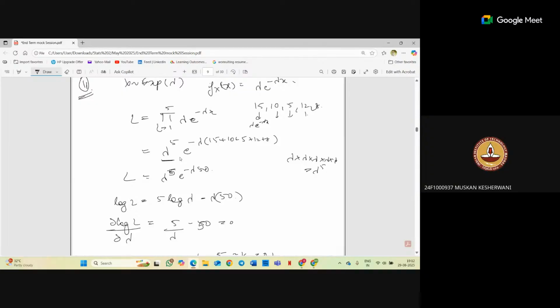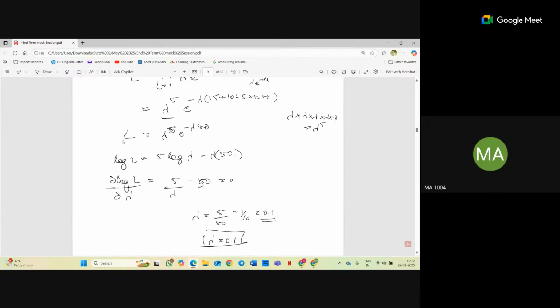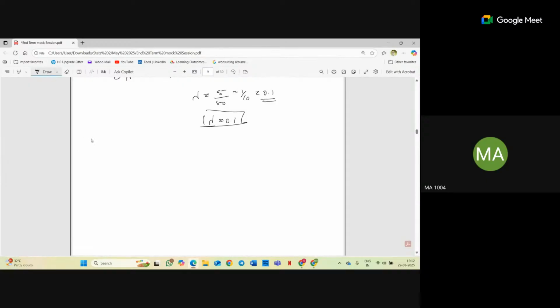Because we are taking the product. So it will be lambda e raised to the power minus lambda x1 into lambda e raised to the power minus lambda x2, and it will go on till lambda e raised to the power minus lambda x5. Right, now I get it. Okay.